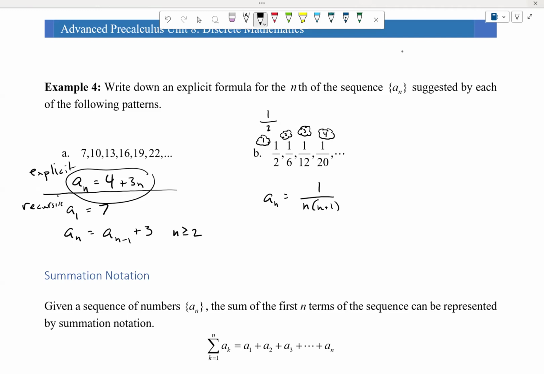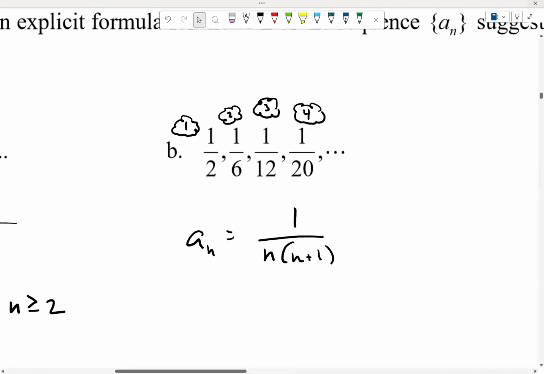It's also something I think I've seen before. So I asked how do you get from 2 to the next, what's the similarity? So I just did 2 times 3, 3 times 4, 4 times 5. Just that number times the number right after.